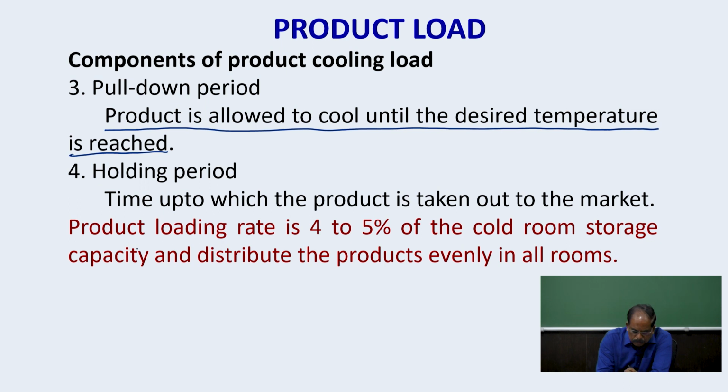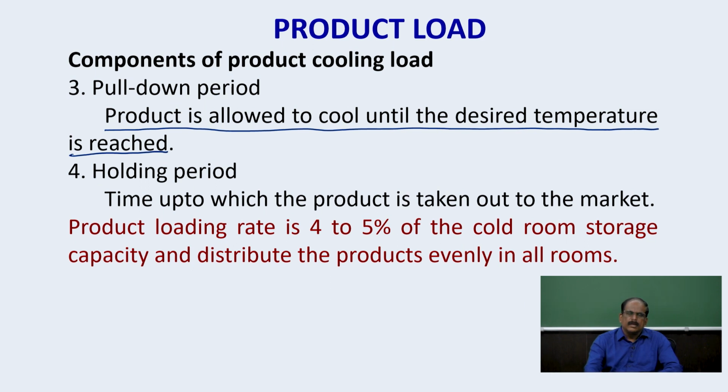Normally, here I would like to give one insight, the product loading rate is 4 to 5% of the cold room storage capacity. This is also an industry standard or a thumb rule which is followed. The percentage of product loading should not exceed 4 to 5% of the total cold room storage capacity.